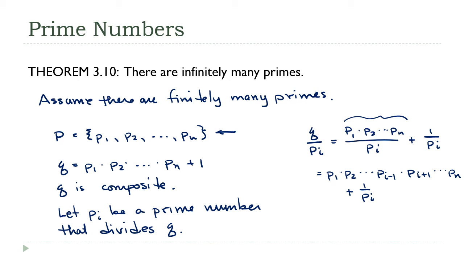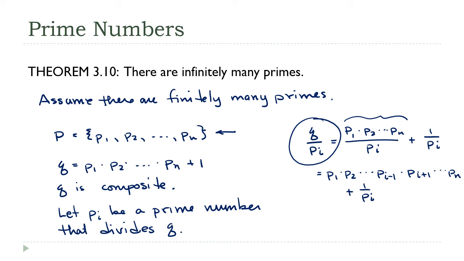So P sub I is not equal to 1, therefore P sub I does not divide 1, which means P sub I does not divide Q. Okay, notice I'm kind of working my way backwards with my chain of reasoning here. If P sub I does not divide Q, then there is no prime number that divides Q. Well, if there's no prime number that divides Q, then Q must be prime, but it's not.